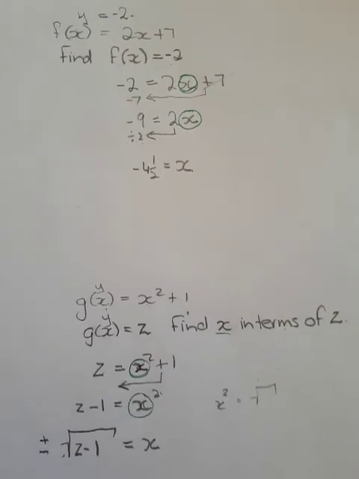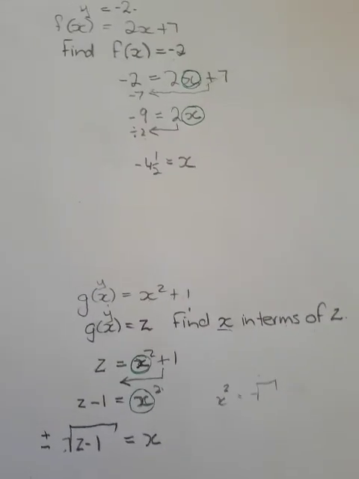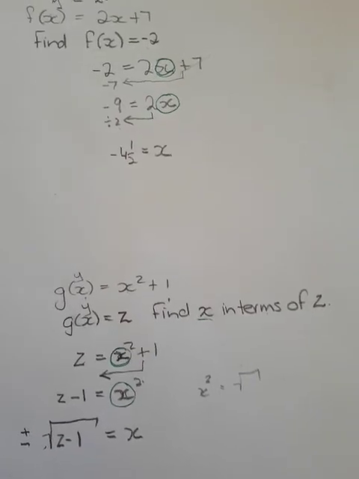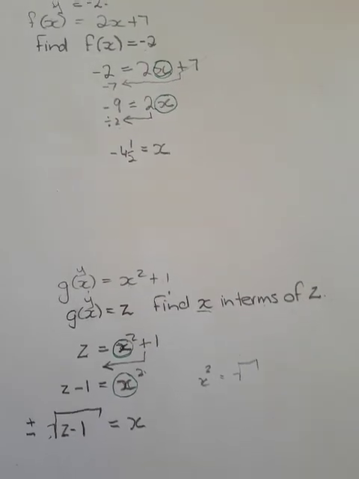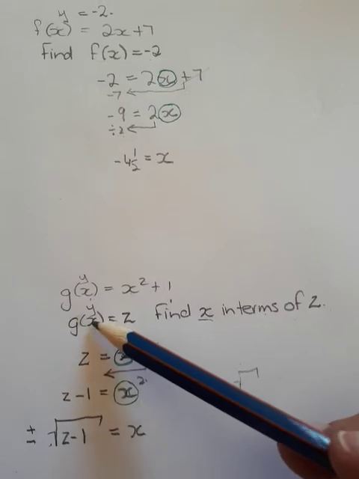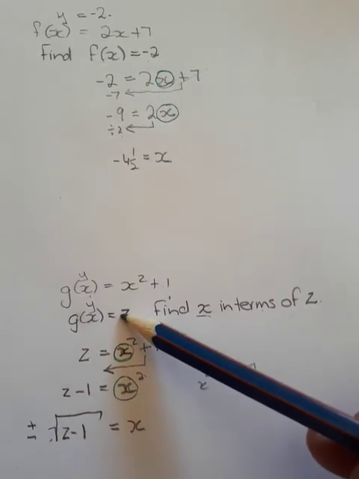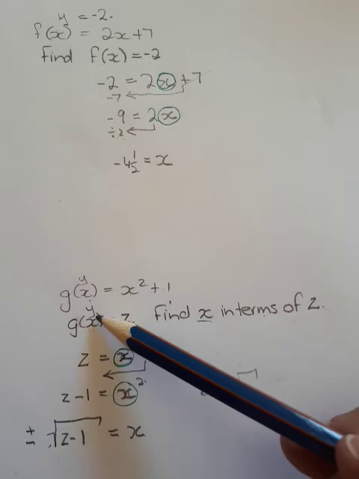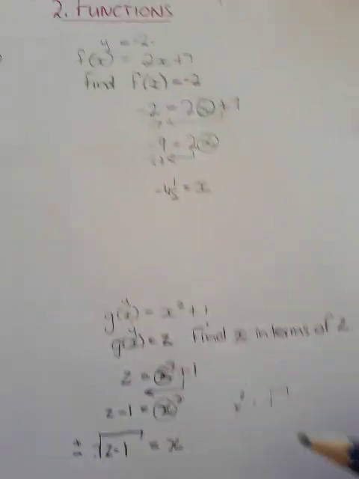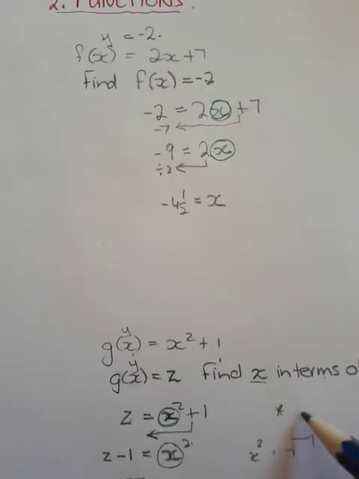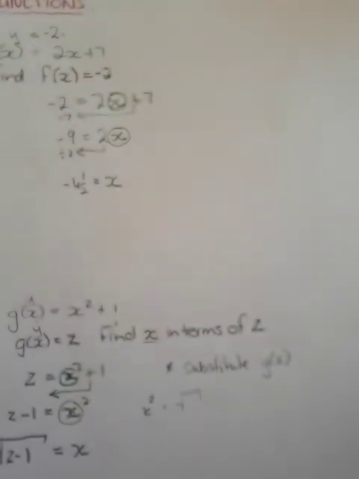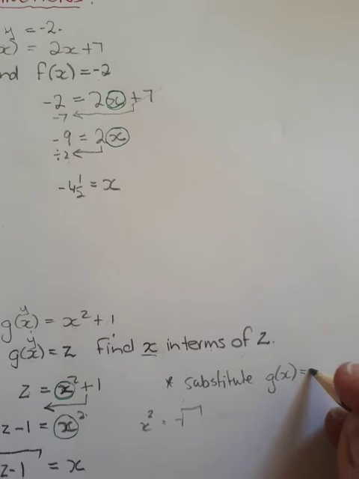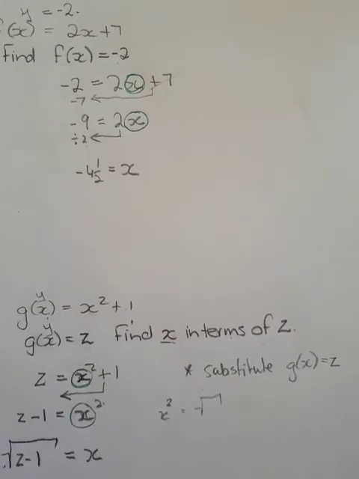So what is really different here, people, is that you substitute the y, or in this case, the g(x), which they give you as z. So you will substitute the g(x) with z. That's what we've done in step 1: substitute your function with the value or the variable that they have given you.